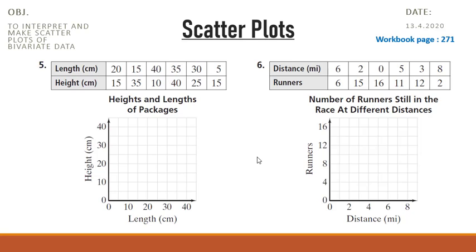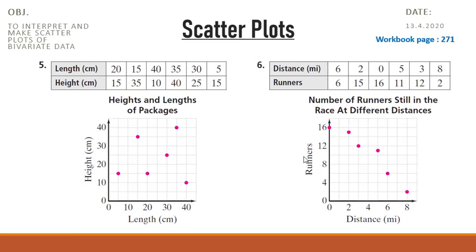This is a very important part for us. It's important to understand the next lessons. The first one, your graph should be like this. And question number 6, the last question, the graph should be like this.